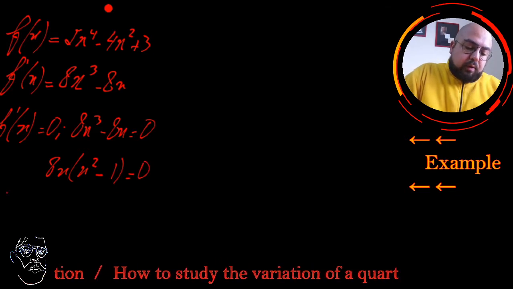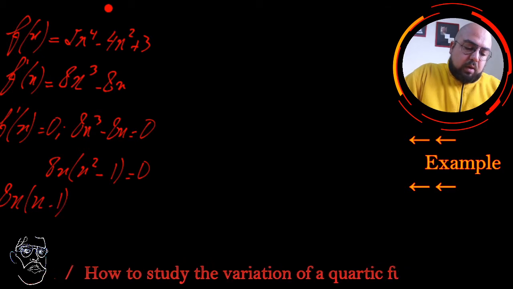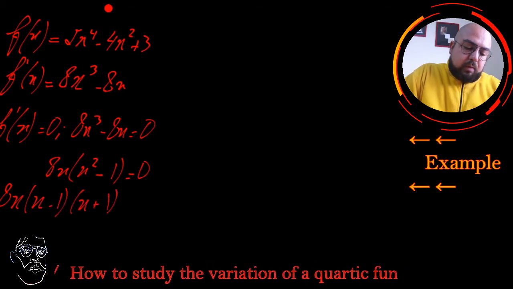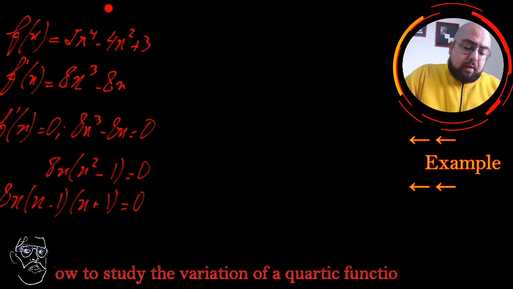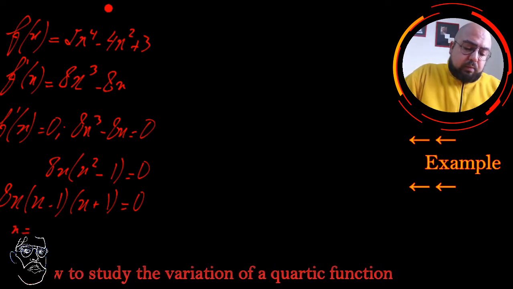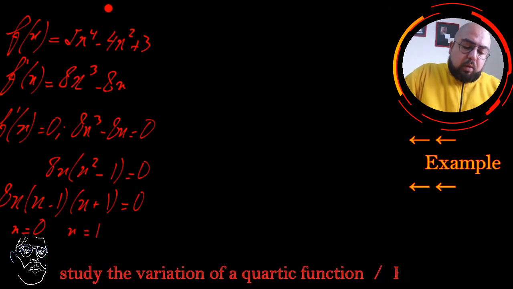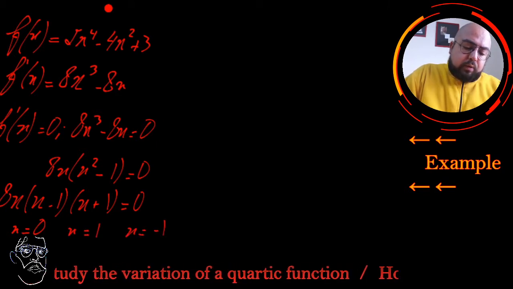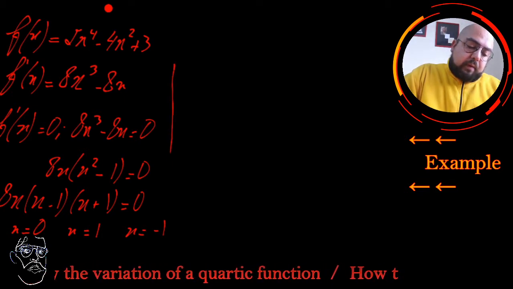So the factorized form will be 8x, (x minus 1), (x plus 1) is equal to 0. So you will have x is equal to 0, x is equal to 1, or x is equal to minus 1. These are the roots of your derivative.